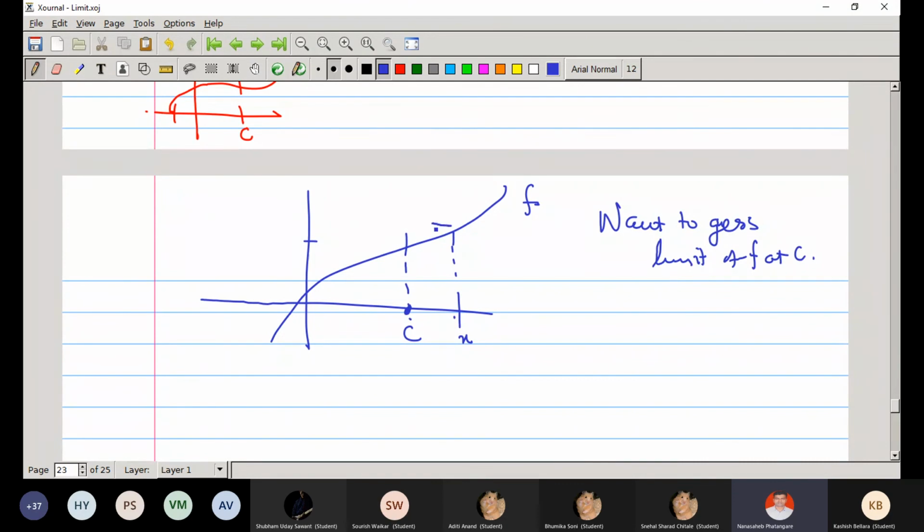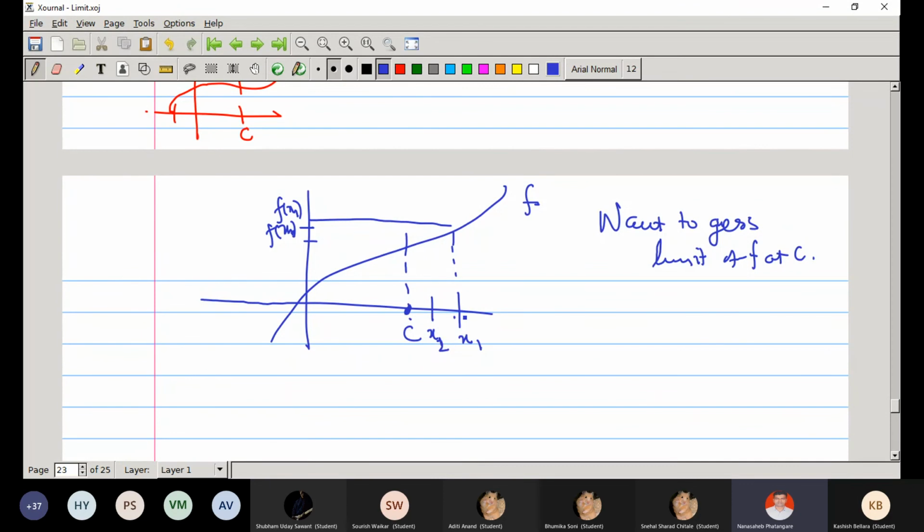Suppose x is here, then I will see where f of x is. Suppose x is some other place near c. Suppose initially my x is x1, then f of x1 is here, and then I will look at another x2 which is nearer, and look at f of x2.